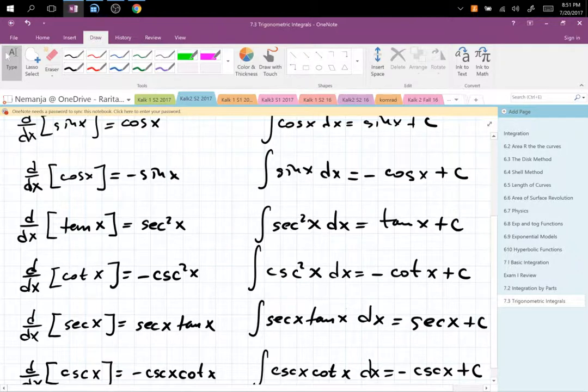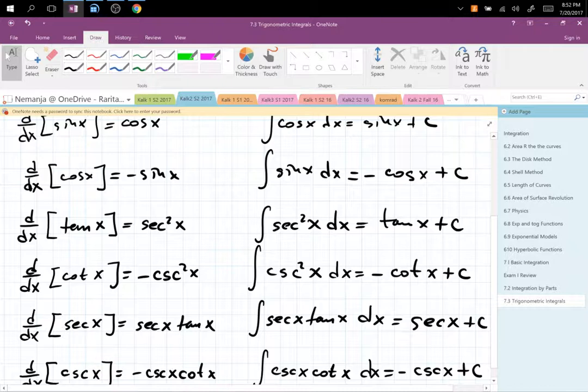Secant, cosecant, secant tangent, cosecant cotangent, right? They're highly symmetric because each of these is a pair, and the results look the same, except they use their own pairing. Further, every co is always negative: cosine, cosecant, cotangent, they're all negatives. And the ones that are not co are positive. So there are systematic ways to remember this.